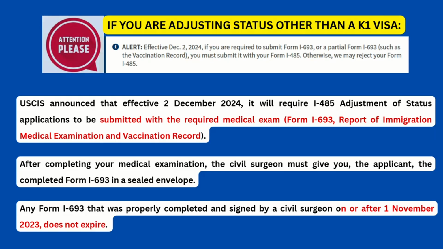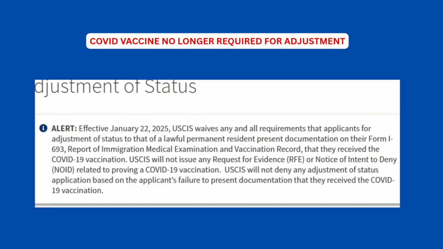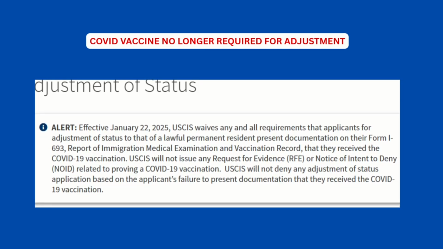If you have completed your I-693 or medical examination on or after November 1st, 2023, please note that your medical does not expire. Please also note that COVID-19 vaccination is no longer required for adjustment of status. So USCIS will not deny your green card application if you failed to comply with the COVID-19 vaccination.